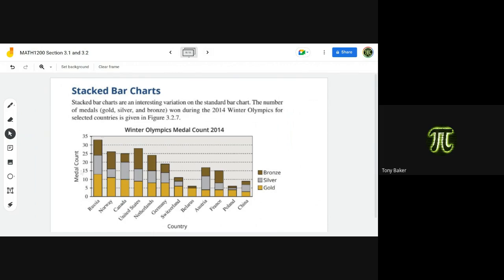But we can start to look at now, what's the one that's most important on this graph? Why would gold be the most important on this graph? Okay. But I could have put anything at the bottom. That's why it's at the bottom.